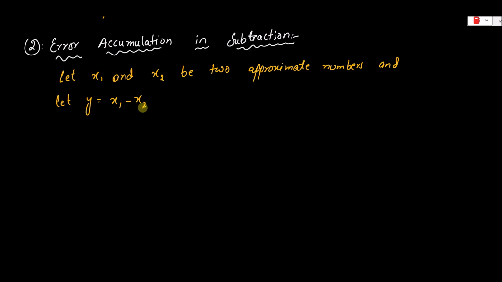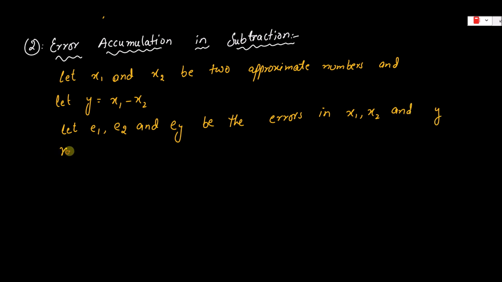Because of this subtraction, we are going to subtract both of these approximate numbers. Secondly, we let e1, e2 and ey be the errors in x1, x2, and y respectively.